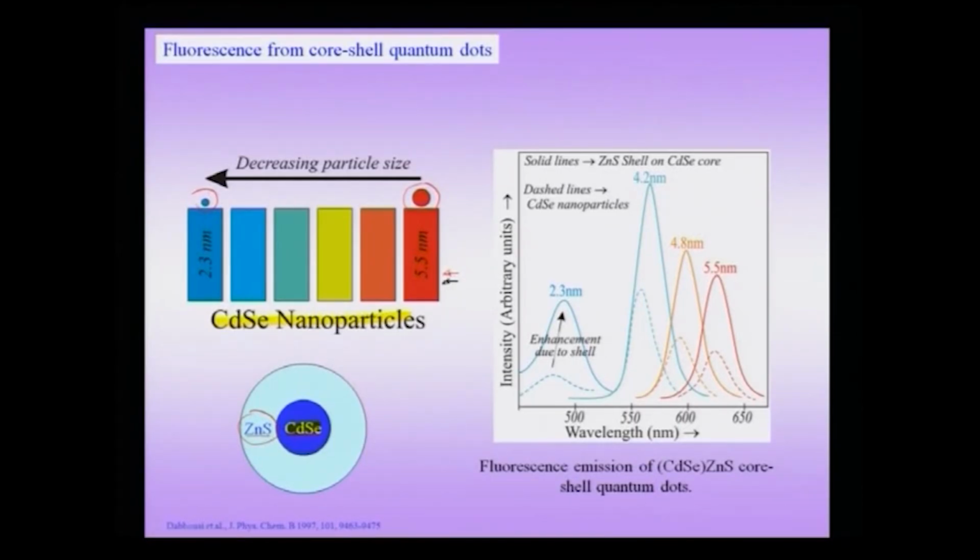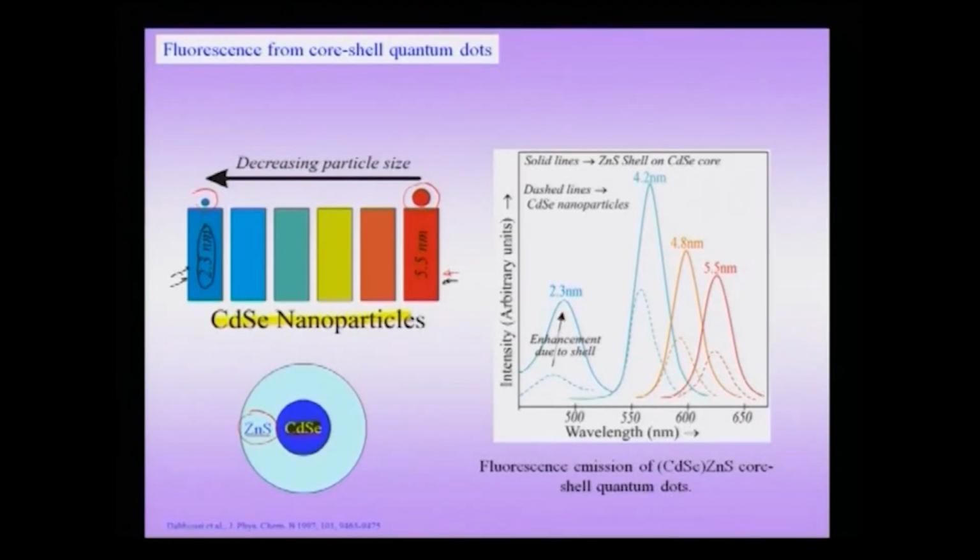When you reduce the size to 2.3 nanometer, on the right hand side, you notice that the emission shifts to the blue color, and that is why this phenomenon is known as blue shift, because now there is a change in color from red to blue. That means from lower energies to higher energies when you reduce the particle size, which again comes from quantum confinement, leading to an increase in the band gap.